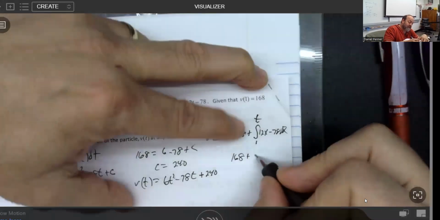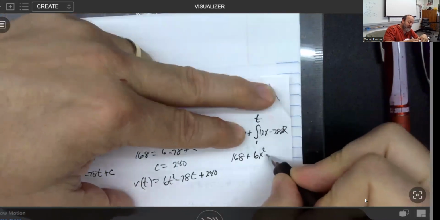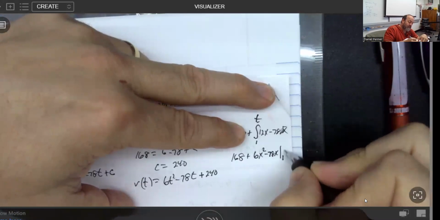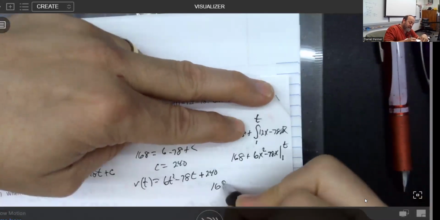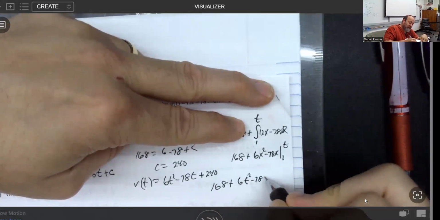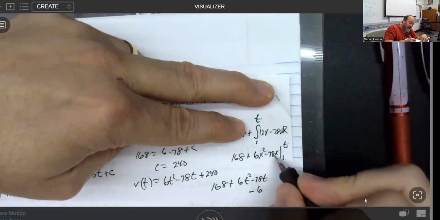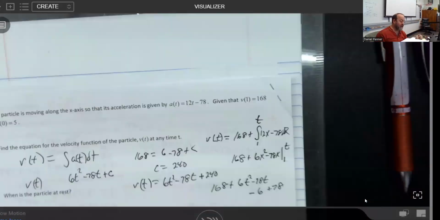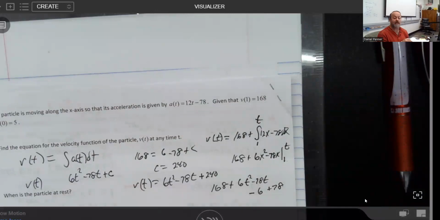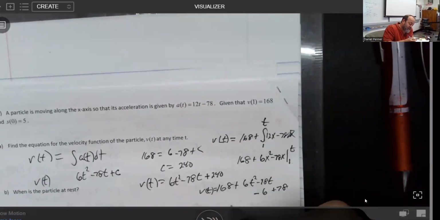The antiderivative of 12x would be 6x squared minus 78x, evaluated from 1 to t. So I'd have 168 plus 6t squared minus 78t, but then I need to subtract what I get if I plug in 1. If I subtract 6 and do that, you'll notice we get exactly the same equation as before, with all the same elements. We end up with v of t equals 6t squared minus 78t plus 240.